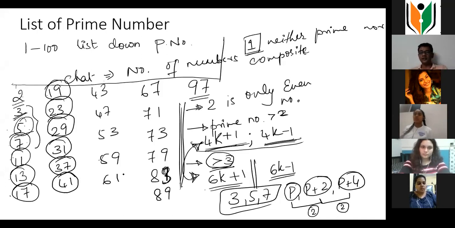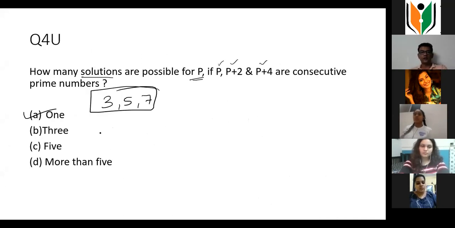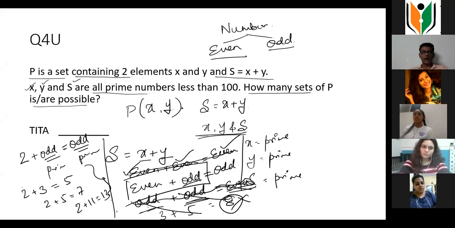So there are 8 such sets where X and Y are prime, and when I add these two values, I also get an S value which is a prime. So tell me, tomorrow, if you see this kind of equation, do I have to rewrite all the prime numbers? No. I know that there exist 8, and 8 will always be my answer.